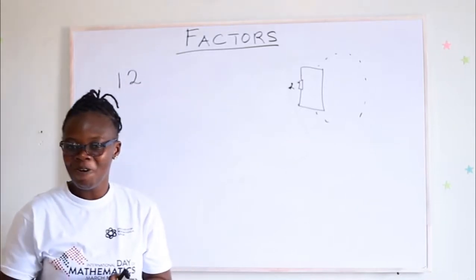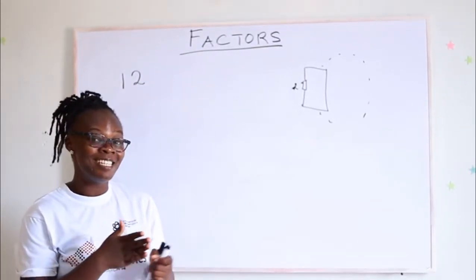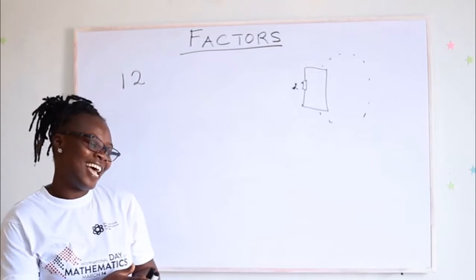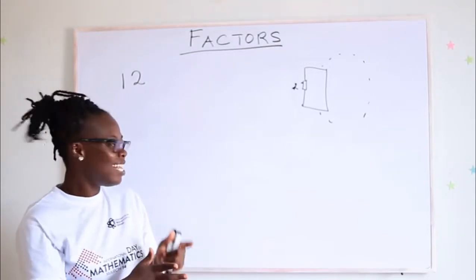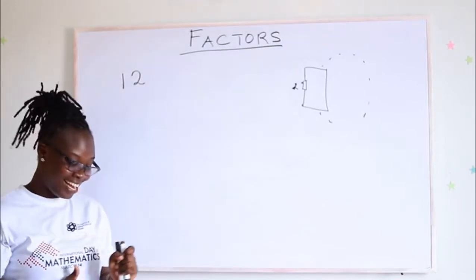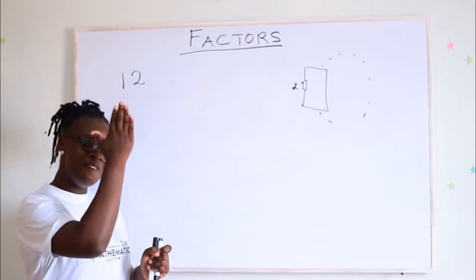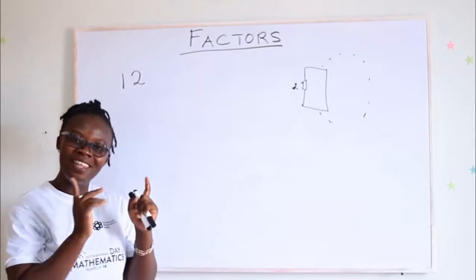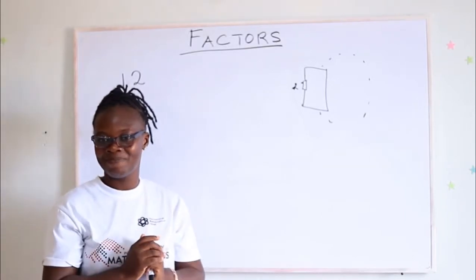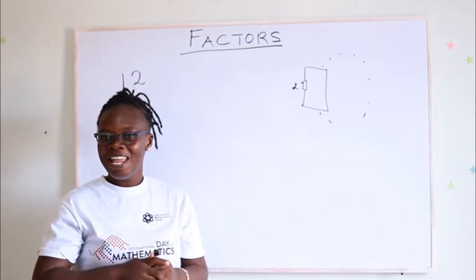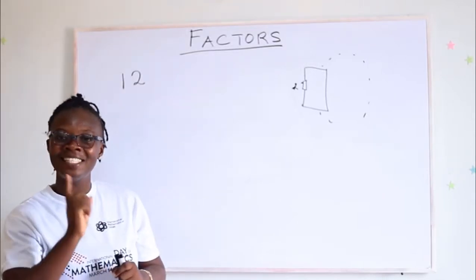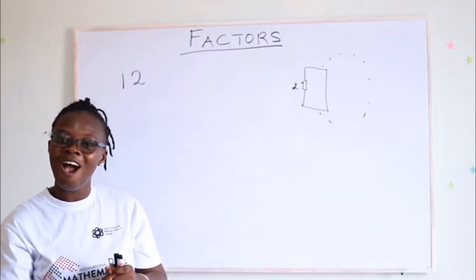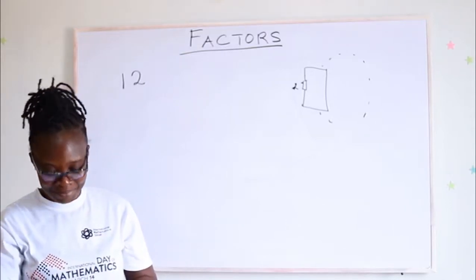When I say it can divide exactly, it's just like saying it can enter exactly, without any remainder. If I find any number like that, then that number becomes a factor of 12.